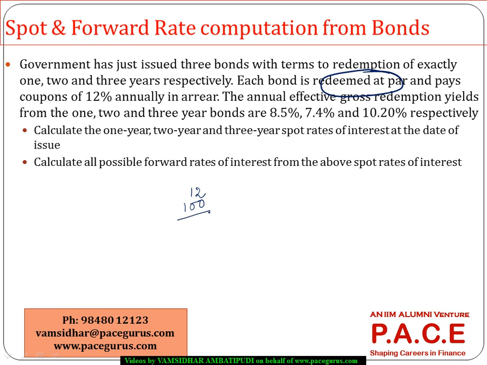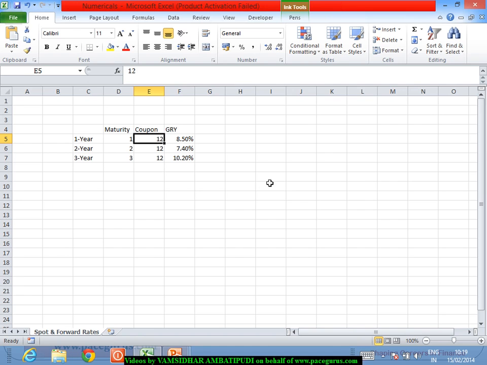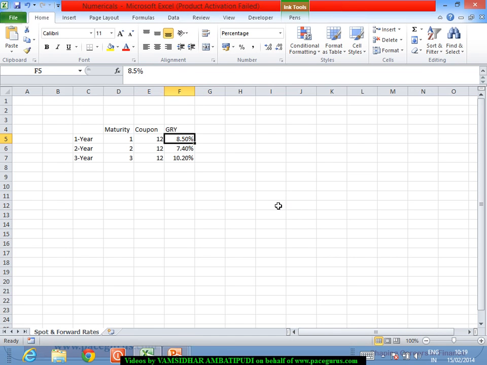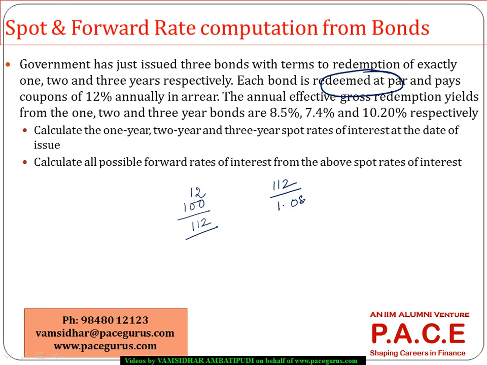For that 1-year bond, the face value is going to be 100. So at the end of 1 year, 112 is going to be the cash flow. So I discount it by 8.5%, the gross redemption yield, to get the current price of this 1-year bond.